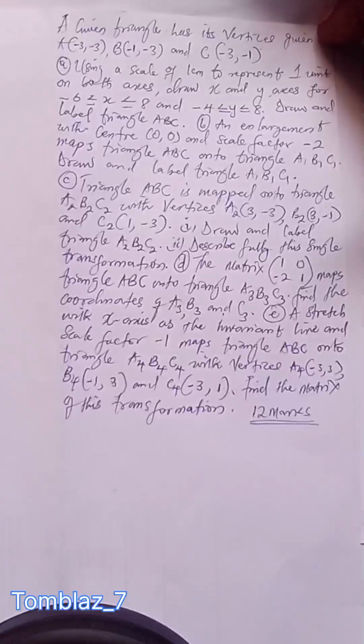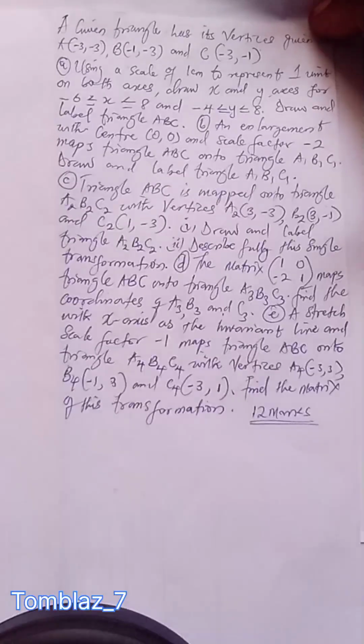Then C, triangle ABC is mapped onto triangle A2, B2, and C2 with vertices A2 as 3, minus 3, B2 3, minus 1, and C2 1, minus 3. Then you should draw and label triangle A2, B2, and C2.